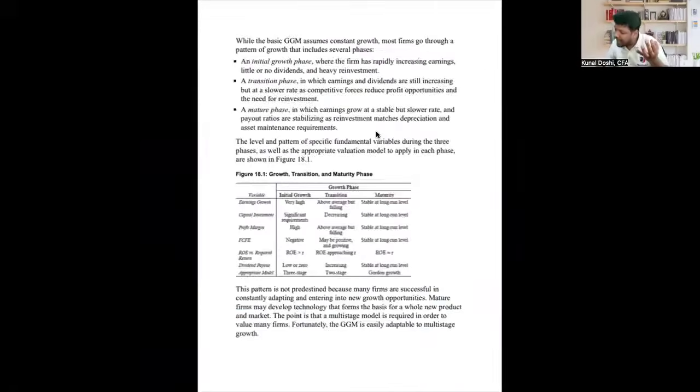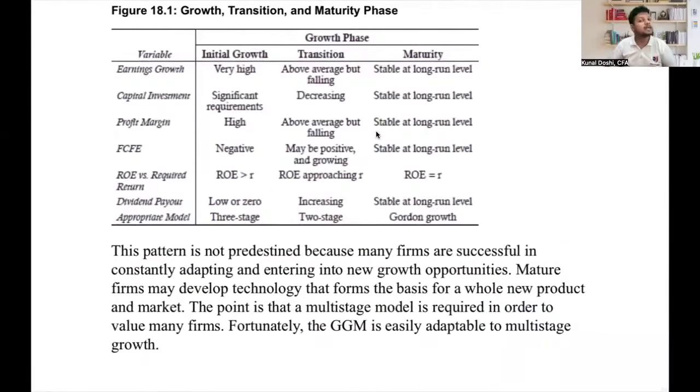These models have to be used depending on where the company lies. If the company is more like a startup, then initially it will grow at a very high rate, correct? And then at some point of time the growth will saturate. That is called the transition phase. And then when the company becomes a large cap, it is going to mature and grow at a constant rate.